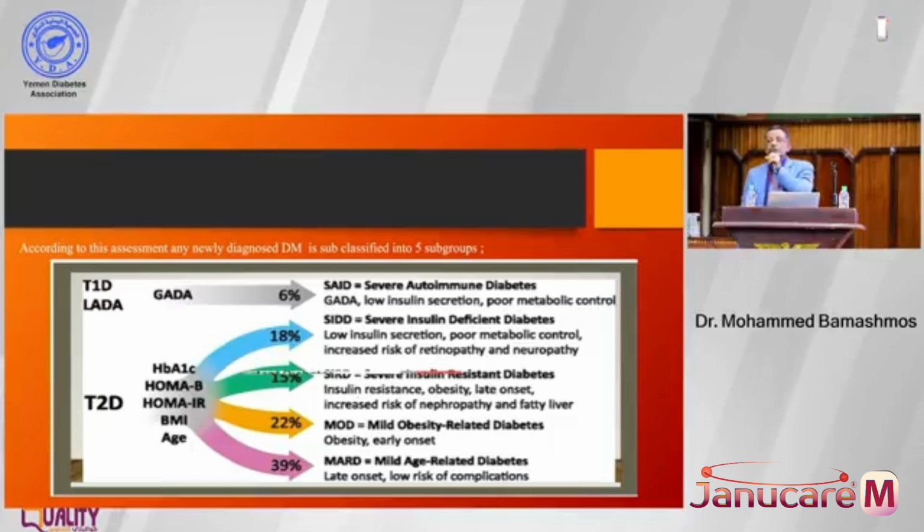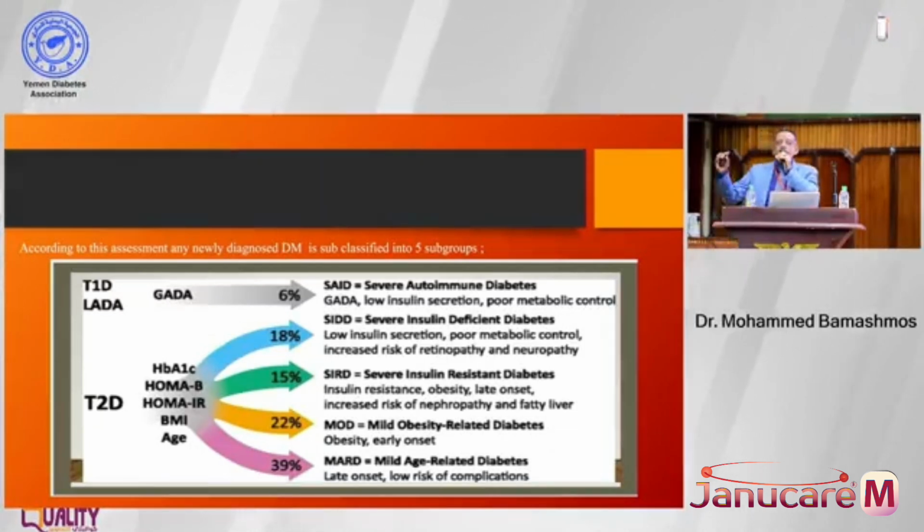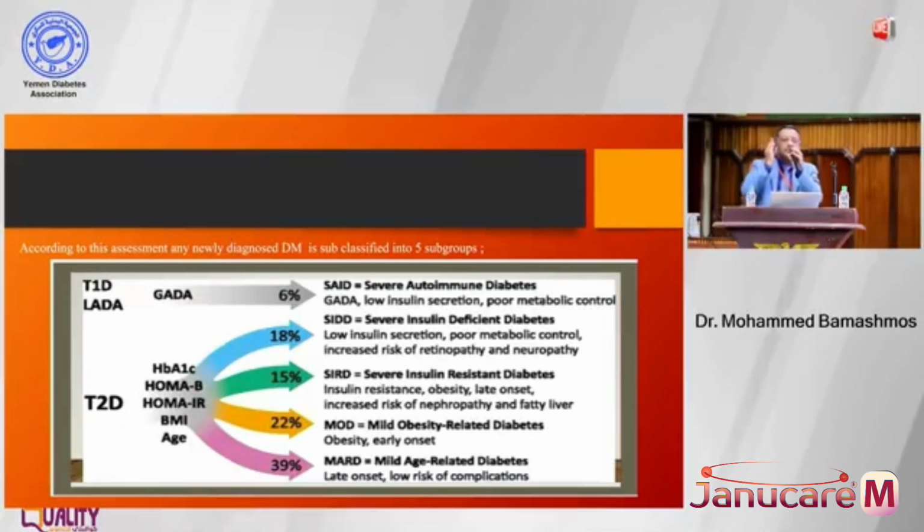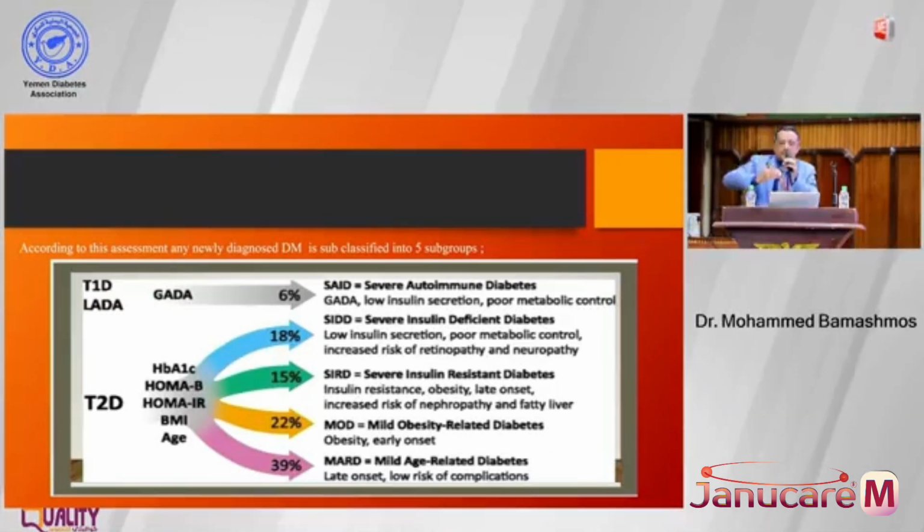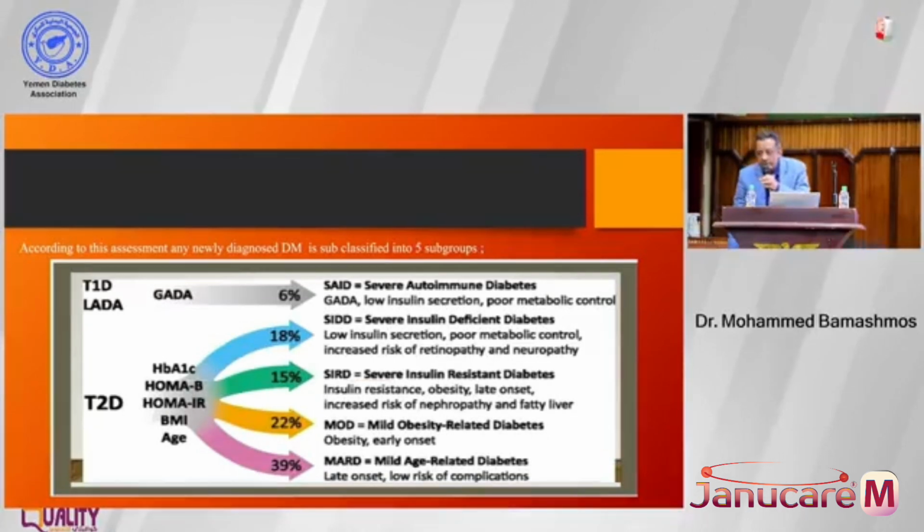The importance of this is LADA. There is confusion between LADA and type 2 diabetes. So nowadays they say any patient with positive autoantibody should be treated with insulin in order to prevent progressive destruction of the beta cells of the pancreas.